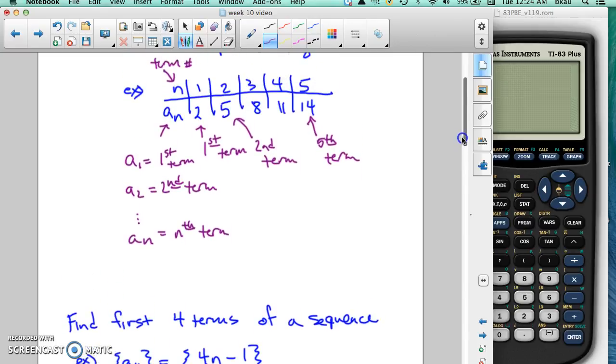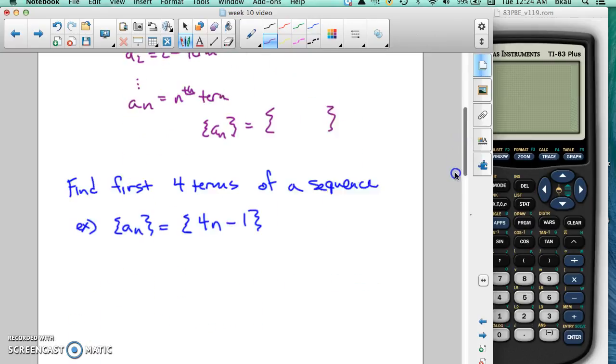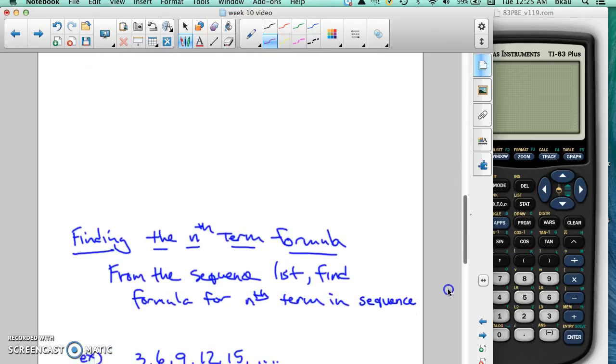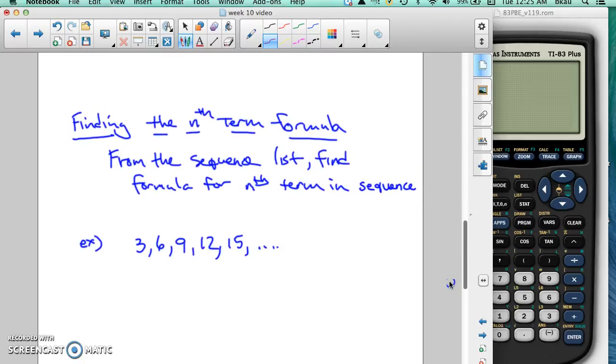So in this case, we have a sub n as our rule, and it's going to have some kind of rule relating the n values to the term values. That's what we're going to be doing later on in the video. We're going to be finding those nth term formulas.